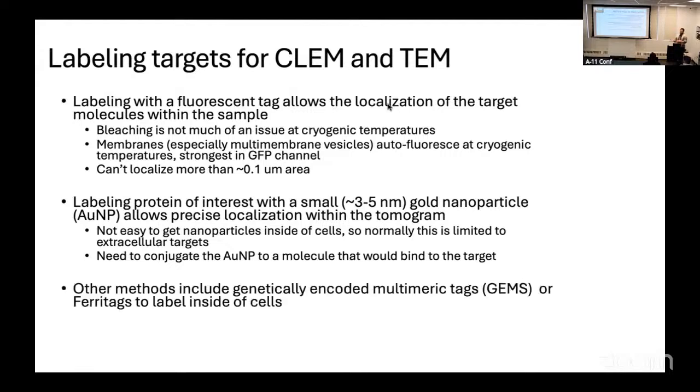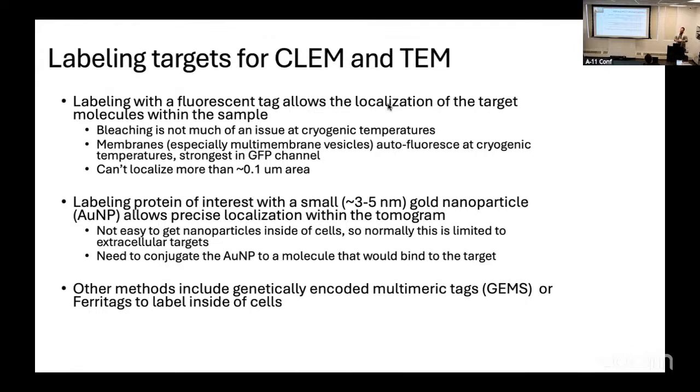Other things that you can use to look inside cells are GEMs, which some people have used. They're not as high contrast as the gold nanoparticles, obviously. Ferritin tags people have also used, and they're also not as high contrast, but they're available and you can think about using them for targeting.